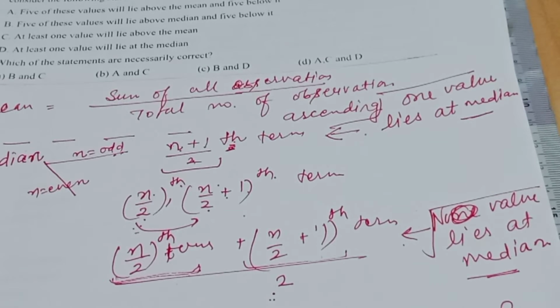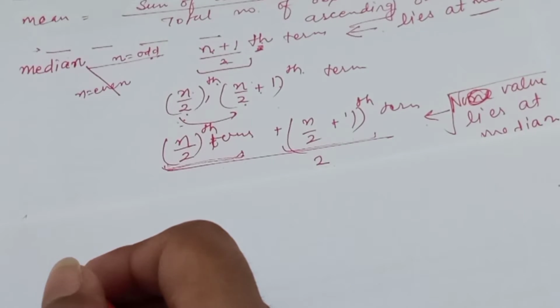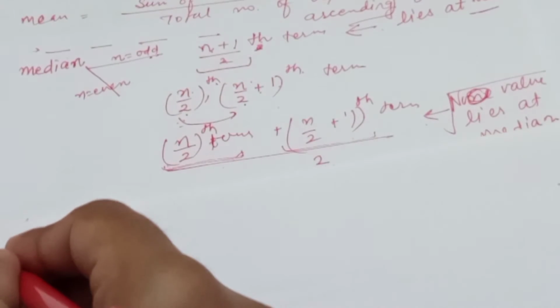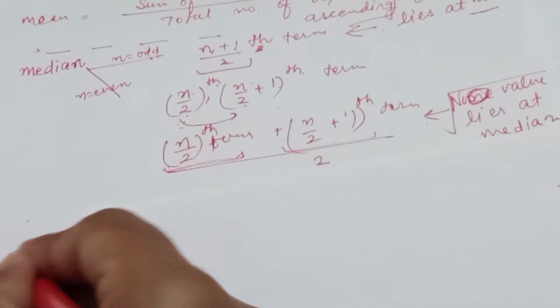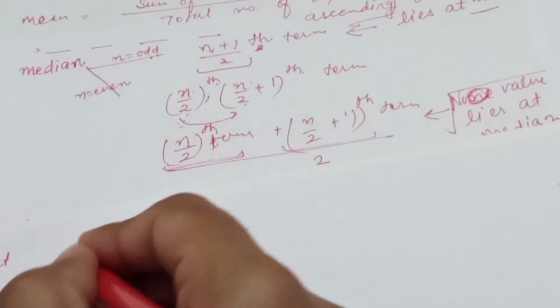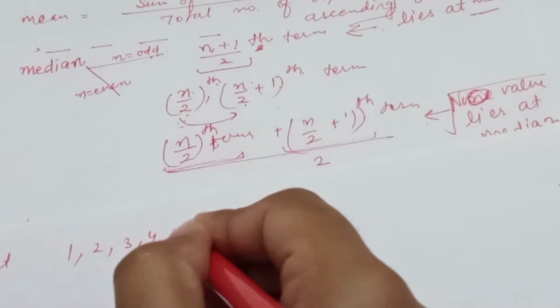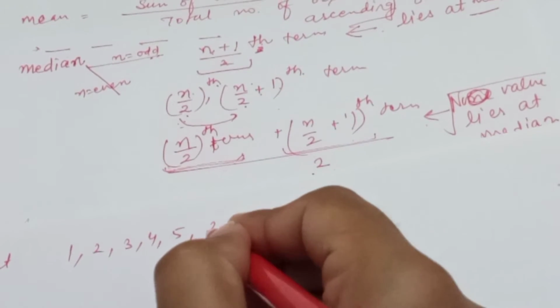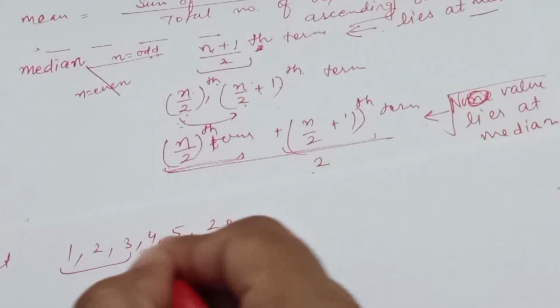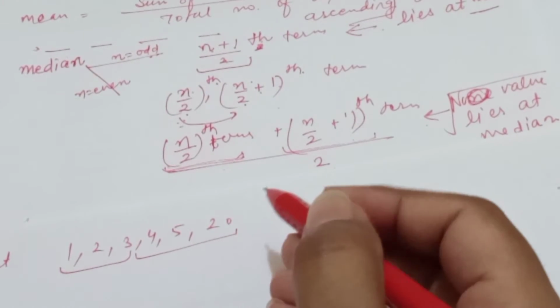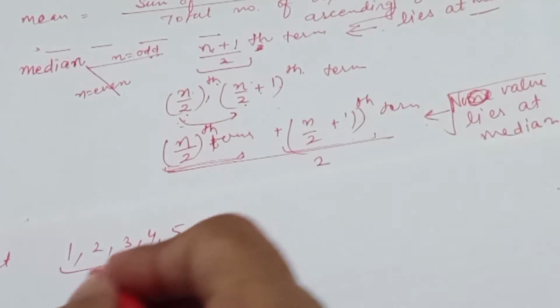Let us consider a general example. Let some values be 1, 2, 3, 4, 5 and 26. This is a general example.